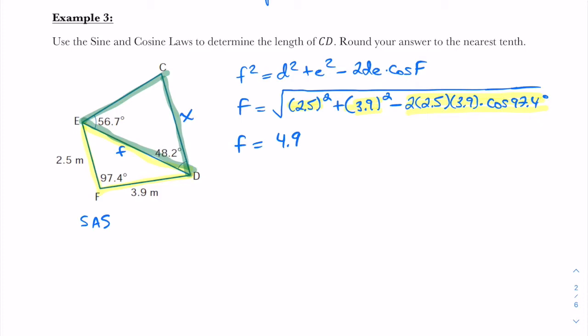So in this case, let's find angle C, which is the angle opposite the shared side. Recall, three angles in a triangle have to add up to 180 degrees. So thus, angle C is equivalent to 180 minus 56.7 minus 48.2. You should get 75.1 degrees.